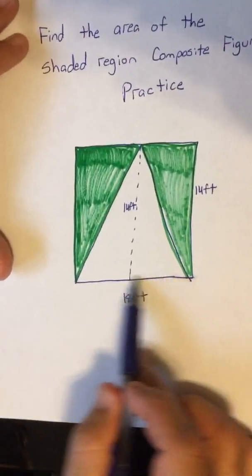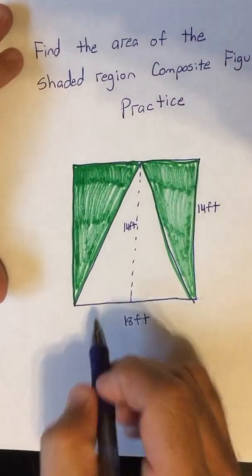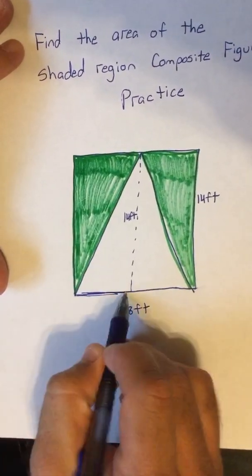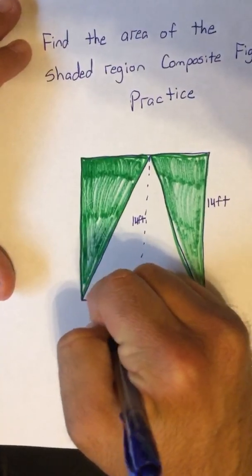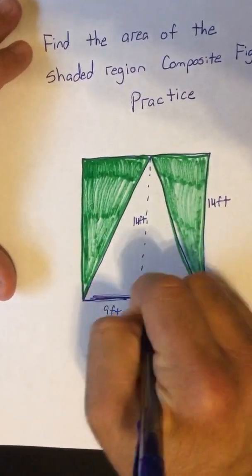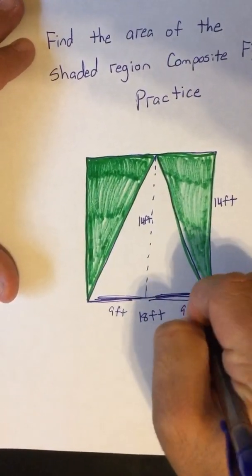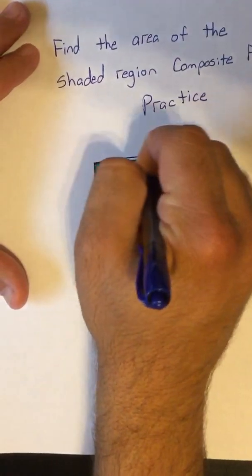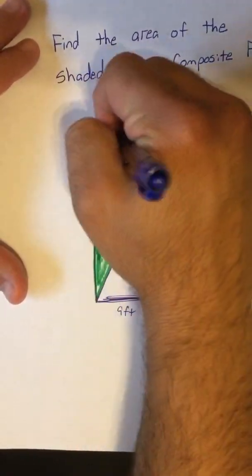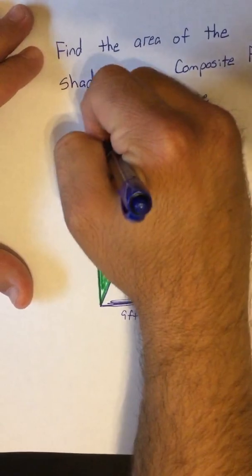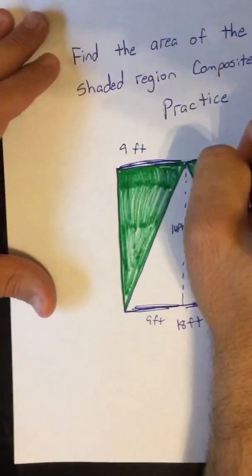So what is this small piece? 9. So this one is 9 feet, and this piece is also 9 feet, which means this piece right here is 9 feet, and this piece right there is 9 feet.